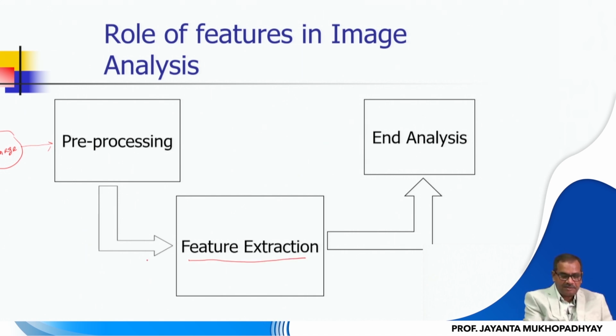You have the pre-processing module, and the output would be the processed image, in the same form as the image itself, either a 2-dimensional array or 3-dimensional array, or it could be multidimensional arrays like satellite images. There are more number of bands.